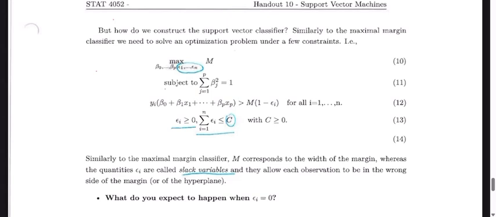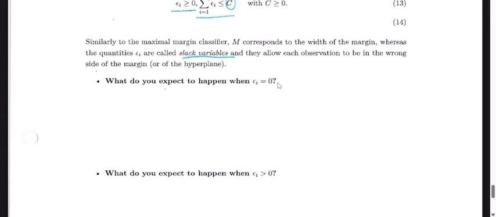Now, I said something here. What happens when error equals 0? What I call error is a measure of the degree of violation of the margin.